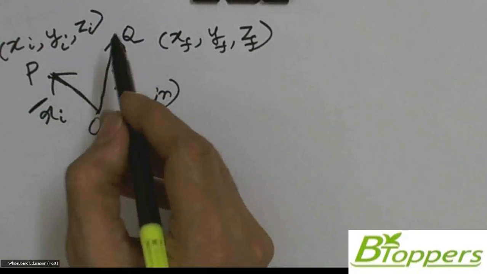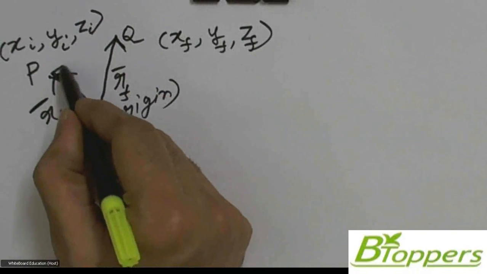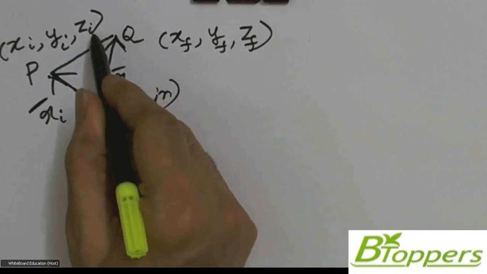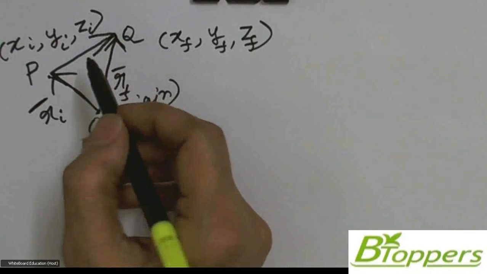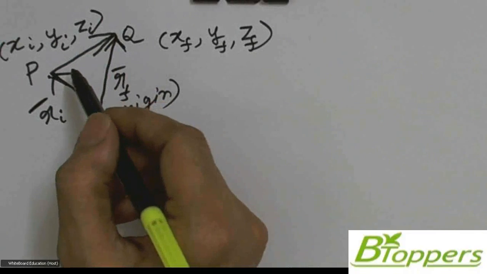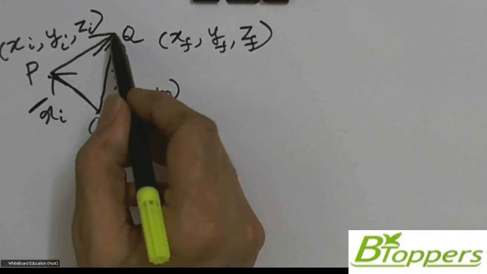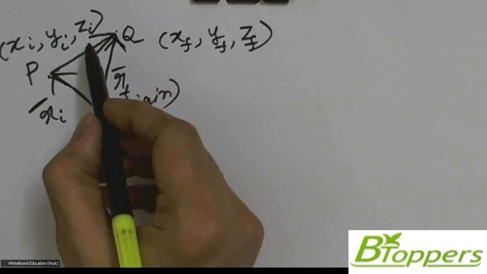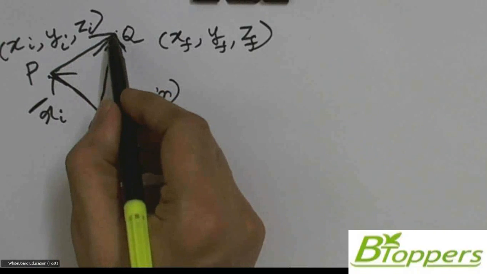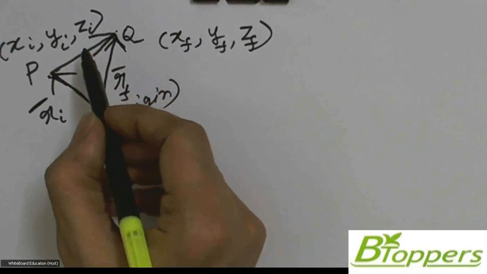The magnitude of the displacement of the particle is the shortest distance between the initial and final positions. That means the length of the line PQ gives you the magnitude of the displacement of the particle.